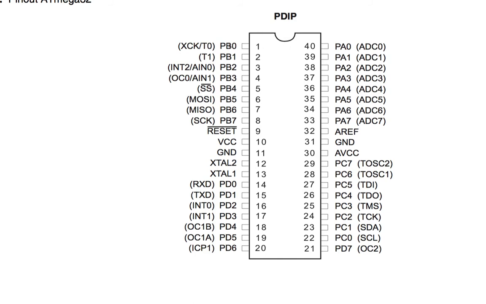But on port B0, you can connect an external clock. And an internal system clock is already present at port B7. So if you want to use an internal clock, it's better you call port B7 like that.